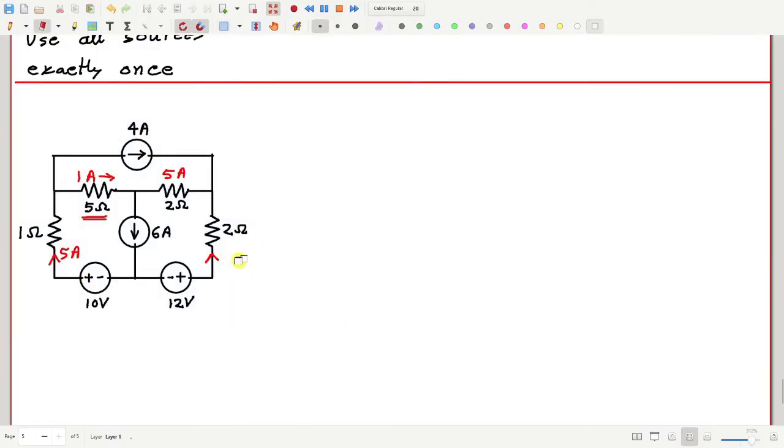Let me remove the solution. Let's pretend that we don't know the solution, and the method that we are going to learn is called the nodal method or nodal analysis.